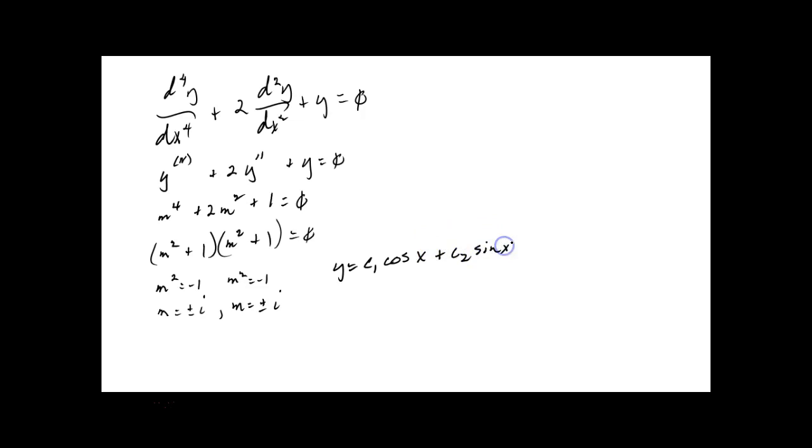Now that would be if they were just single ones, but it's a double one, so guess what we're going to have next? C3, good choice. Cosine. Now go back to case 2. These are doubles. No, we didn't have e in case 3.